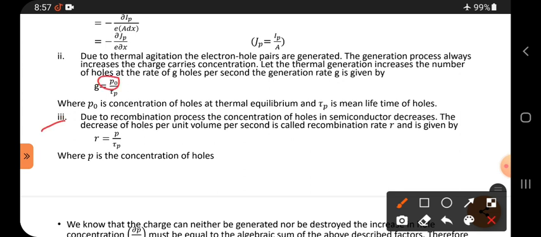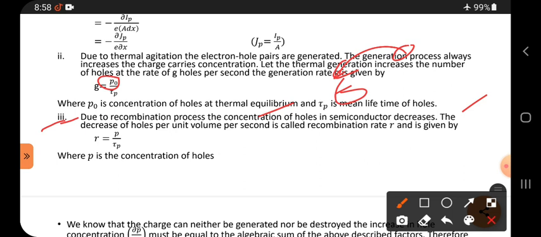Next, due to the recombination process, the concentration of holes in the semiconductor decreases. When an electron comes and combines with a hole, the hole disappears. That is what we call the recombination process.